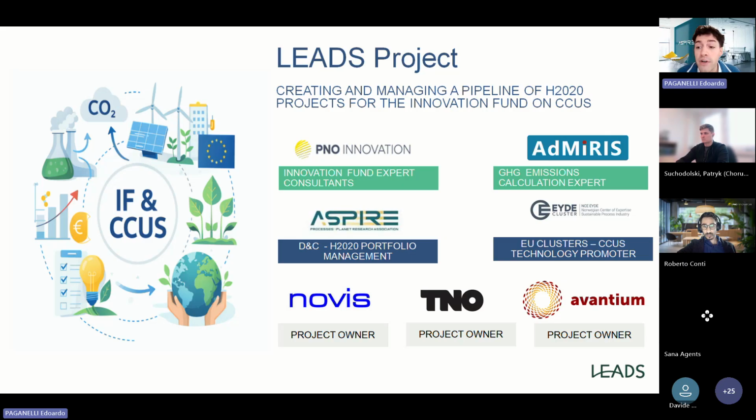We also have Aidmairis, a partner from Greece, which is our expert on GHG emission calculations. Aspire, which I represent, as aforementioned, we manage the work package on dissemination and communication and Horizon 2020 projects portfolio. We also have within the consortium IDE Cluster from Norway, our CCUS technology promoter and our point of connection with the various EU clusters. And then Novis, TNO, and Avantium, our 3 project owners, which are part of the consortium.